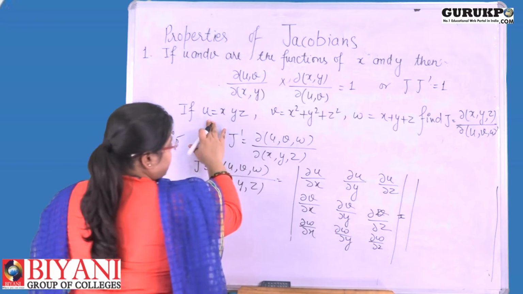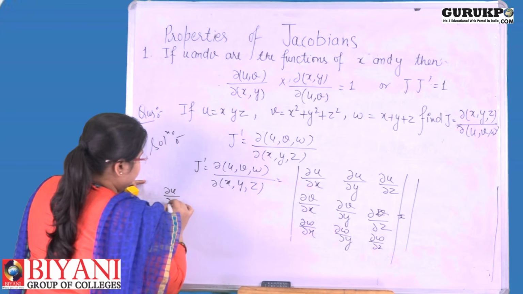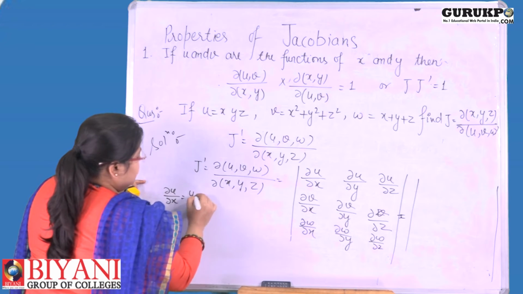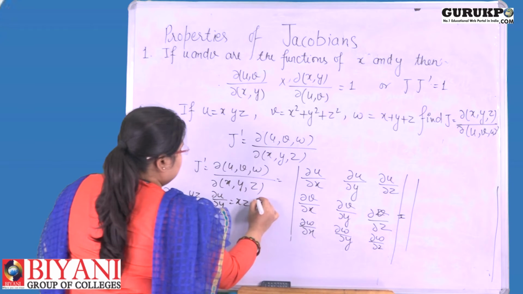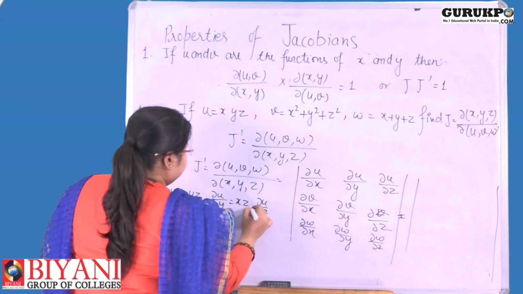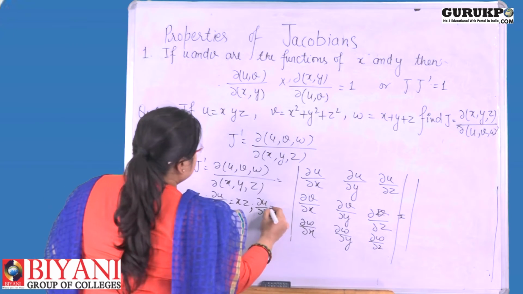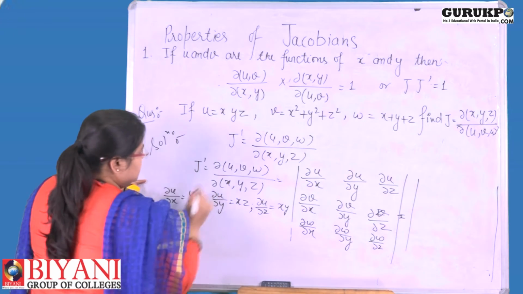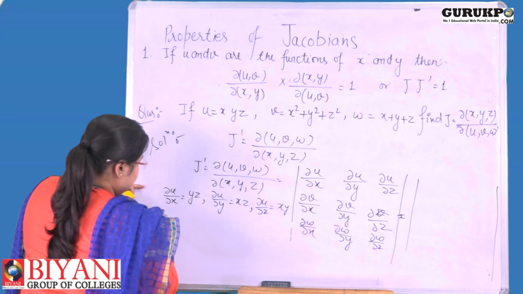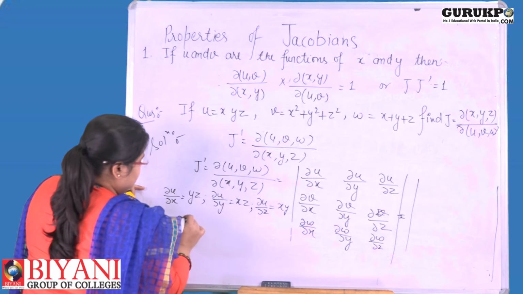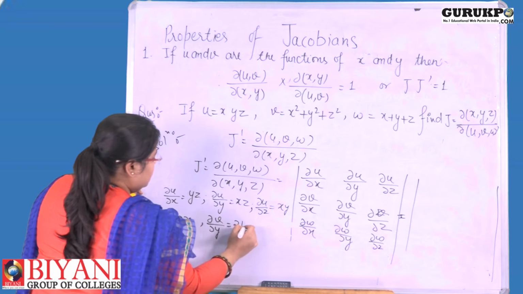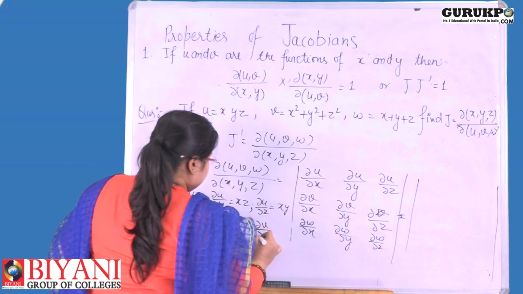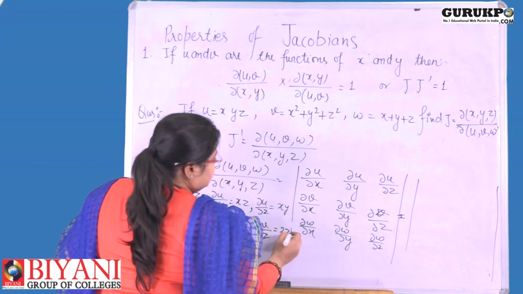Now del u upon del x is equal to yz, del u upon del y is equal to xz, del u upon del z is equal to xy. Coming to the point, del v upon del x is 2x, del v upon del y is 2y and del v upon del z is 2z.